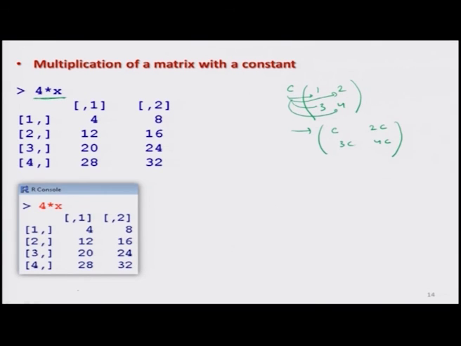One thing you have to keep in mind is that whenever you multiply a matrix by a constant, your operator is star, the simple multiplication sign. But later on you will see that whenever we multiply two matrices, the operator will be different; it does not remain star.